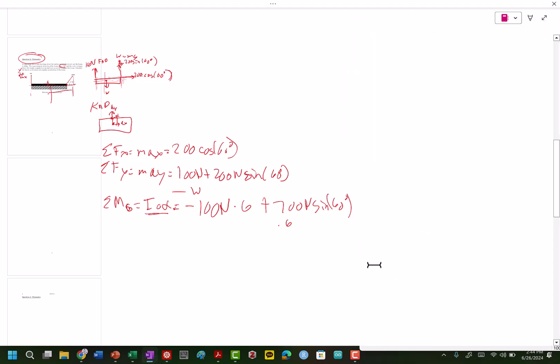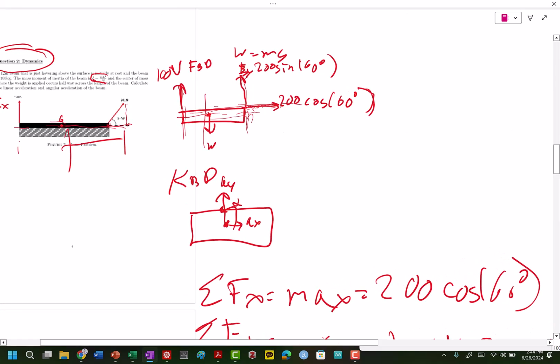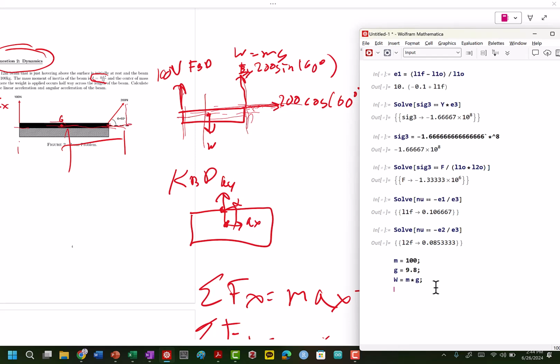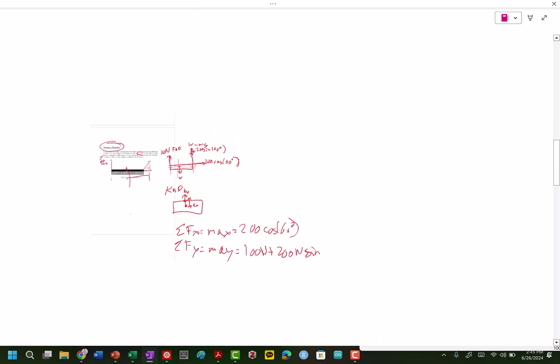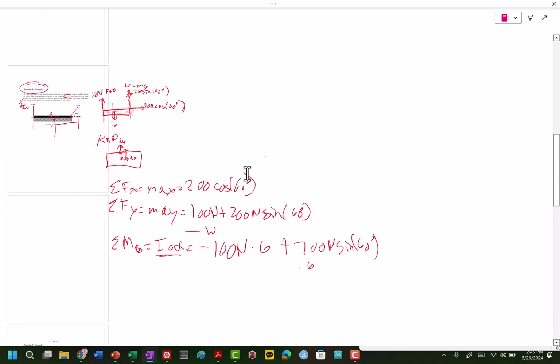We also have the mass moment of inertia, with the length being a 12-meter beam. Ig equals mass times 12 squared, all divided by 12. All right, then we can zoom out one more time because we've got everything else we need.